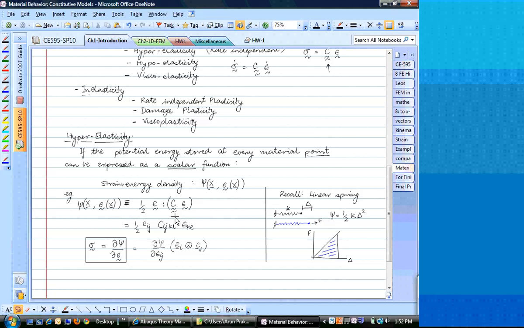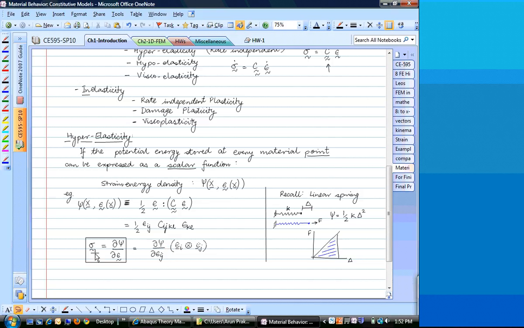Whenever you have this kind of a strain energy function, you can calculate the stress by taking the gradient of this function. This is a scalar function. I can take its gradient with respect to a tensor, and in components, what this means is this.